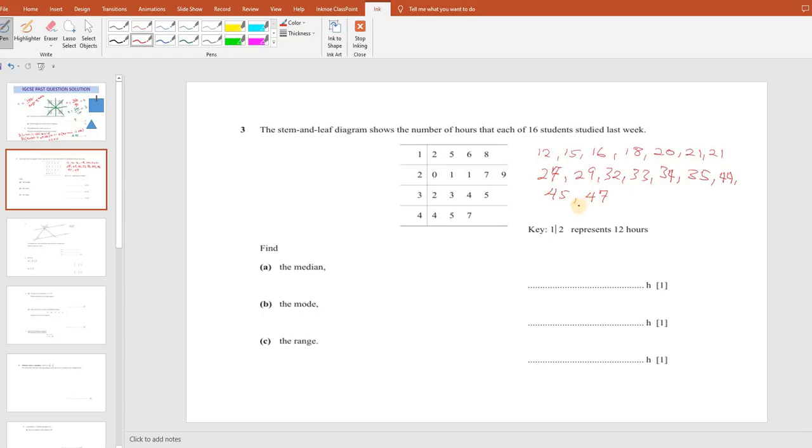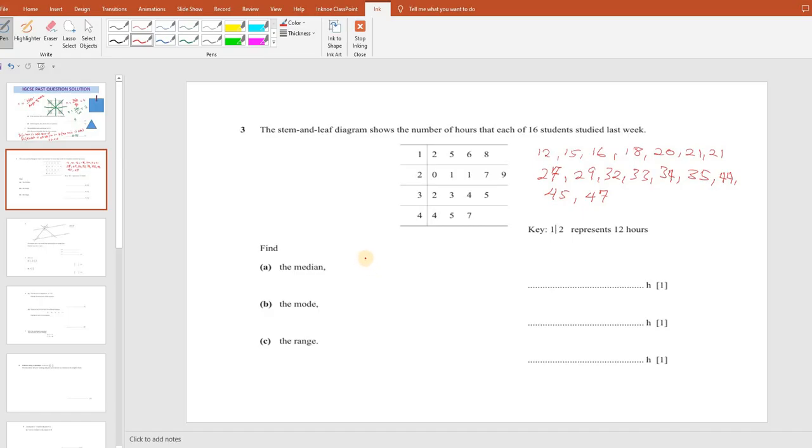Now, if we are to calculate the median of this, the median is the number that falls at the middle after the data has been arranged in ascending order. The data is already in ascending order.